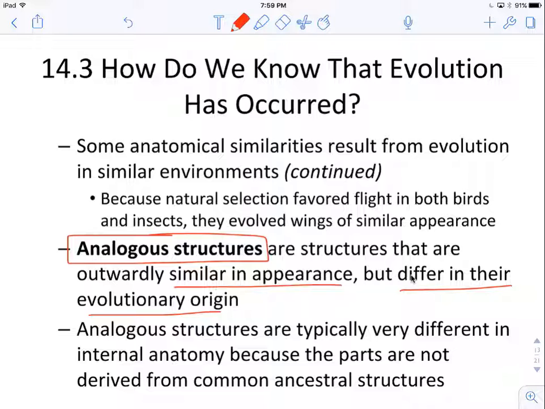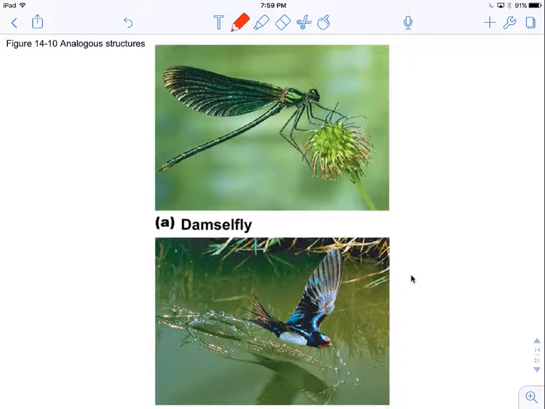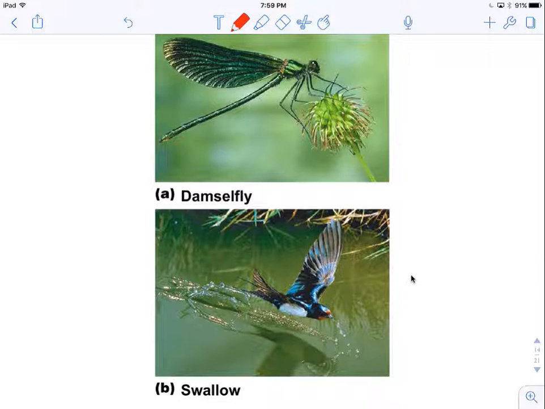And analogous structures are typically very different in internal anatomy, okay, because they didn't come from the same thing. Whereas, again, homologous structures are very similar in internal anatomy. If we look at the wings of an insect, they're very different from the wings of a bird, okay? But they're shaped the same way.